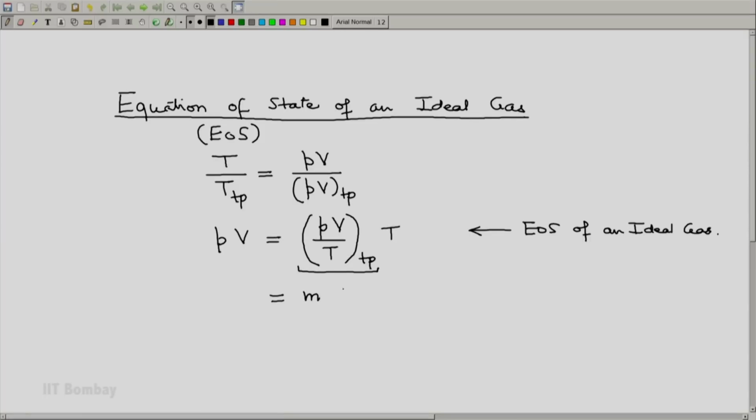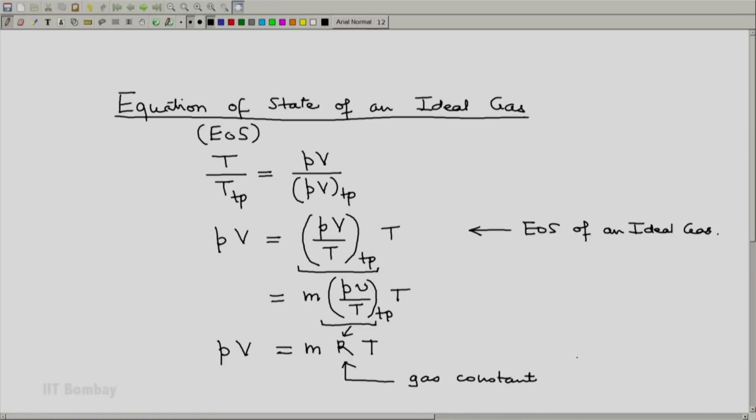So we write this as m into PV by T at the triple point of water of that ideal gas multiplied by T. Now this term, which is the ratio of the product of PV to T at the triple point of water of that ideal gas which we are looking at, is given the symbol R, and this R is known as the gas constant for that particular gas.